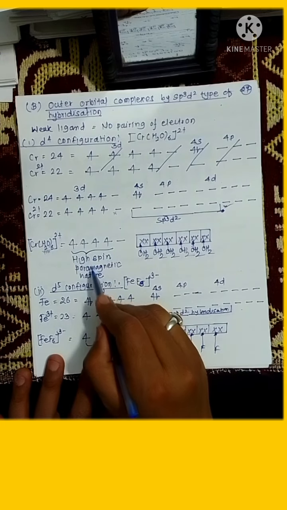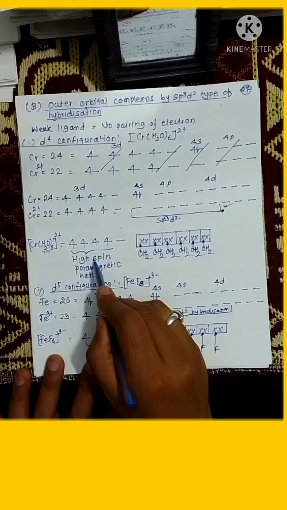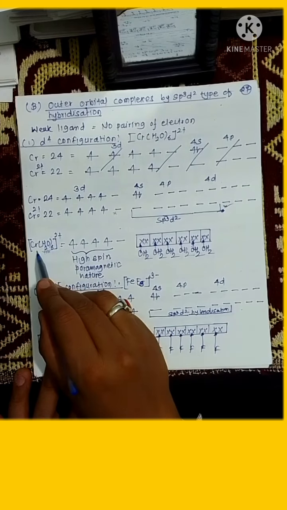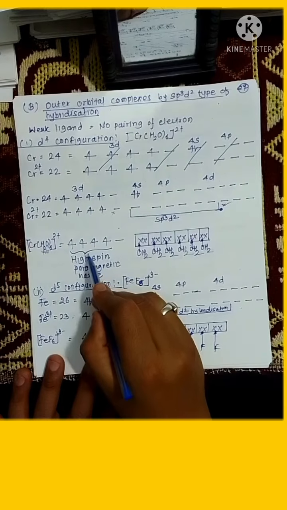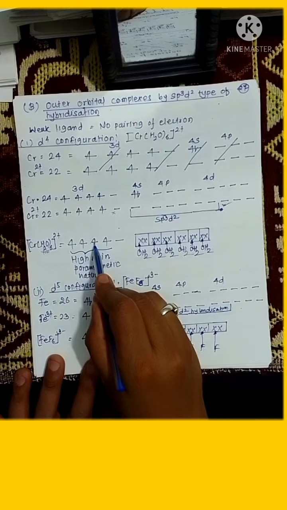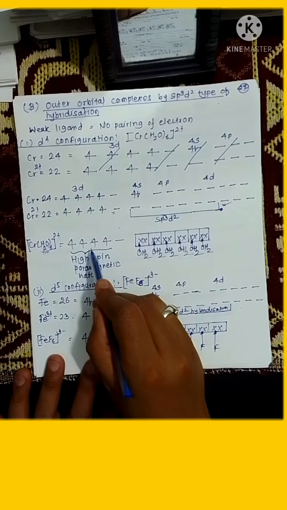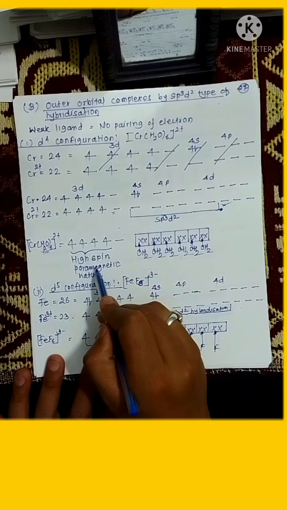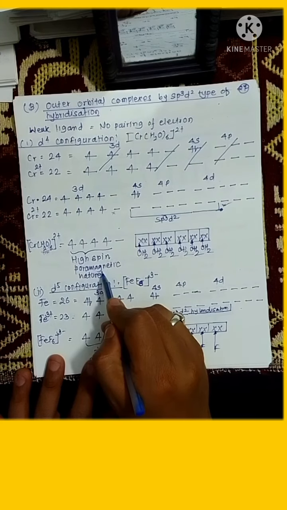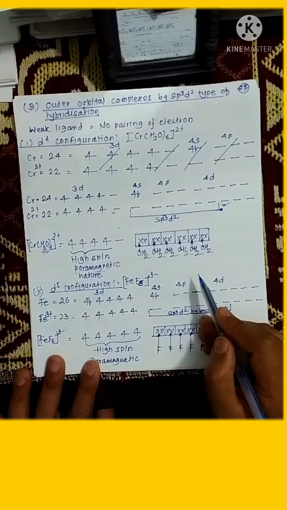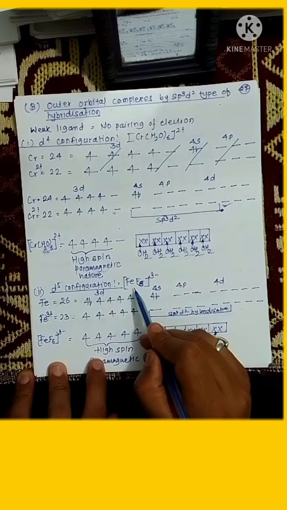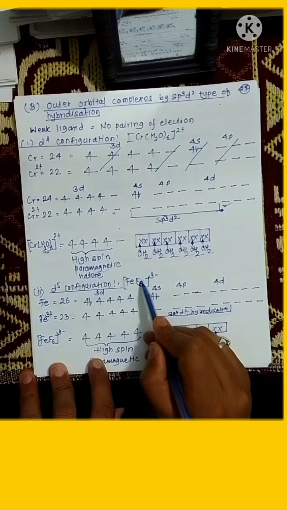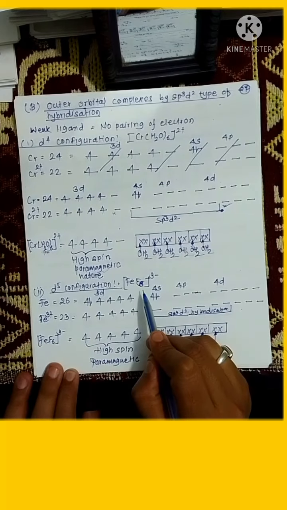In this example, we clearly see that Cr(H2O)6 2 plus has 4 unpaired electrons. So it is a high spin complex, and it is paramagnetic in nature also. For the d5 configuration, we have the example of FeF6 3 minus.